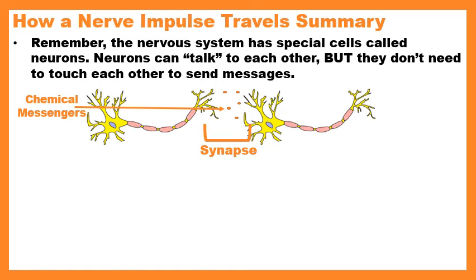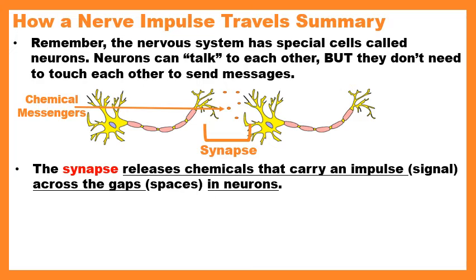And this is how they talk. They're not actually using words. They're not texting or sending signs. They're sending out chemical messengers from the end of one neuron to the top of another neuron. So again, the synapse releases chemicals that carry an impulse or signal across the gaps or spaces in neurons.